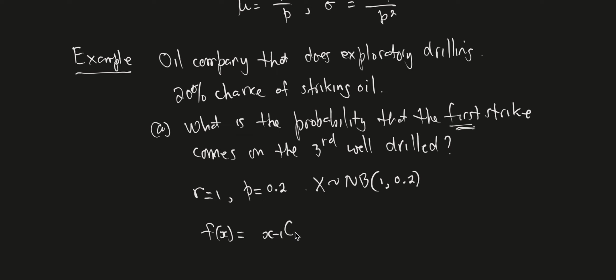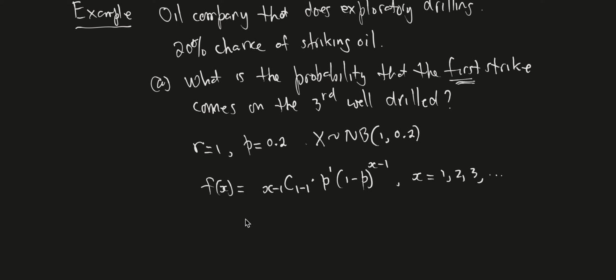And then you're going to have p to the rth power. I'll put everything in and then simplify in the next step. And then you'll have 1 minus p to the x minus 1 power. And then x can take on values 1, 2, 3, and so on.